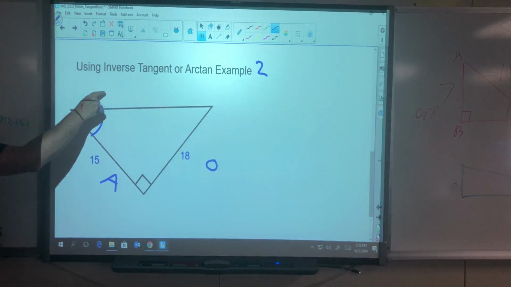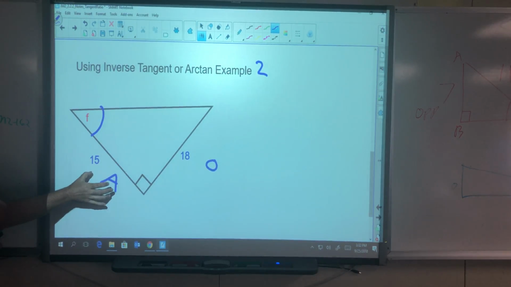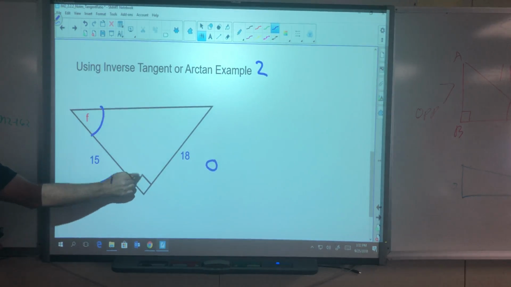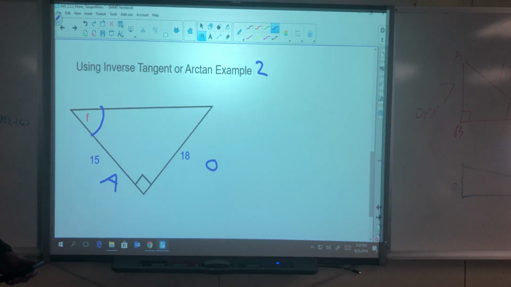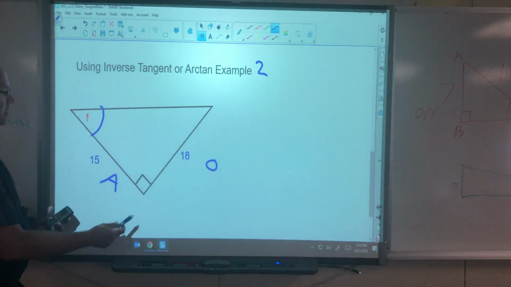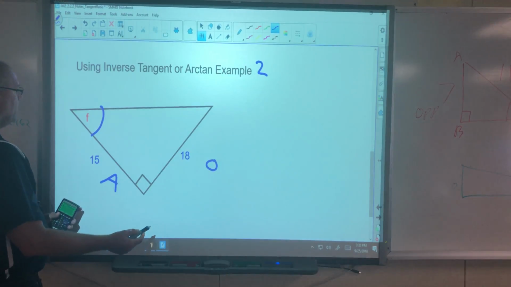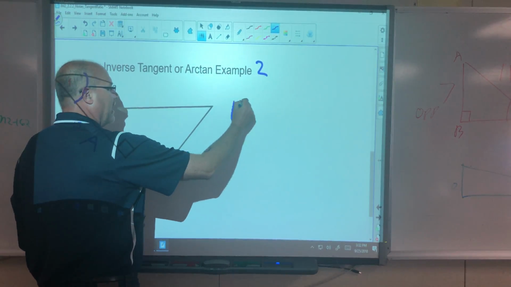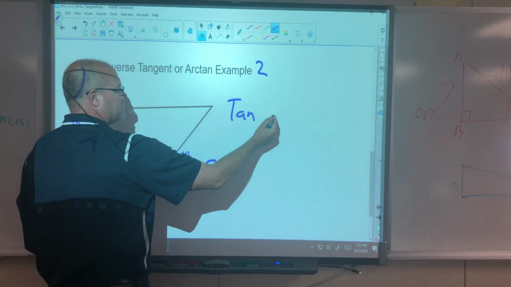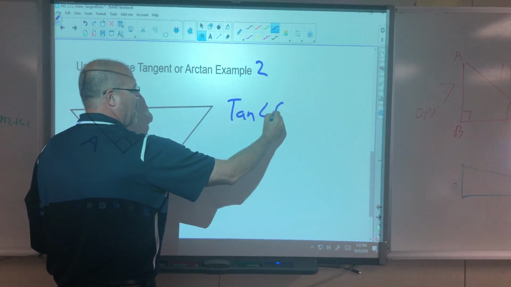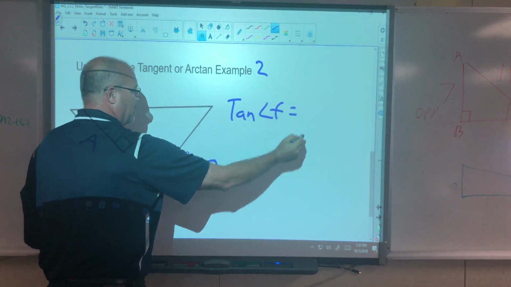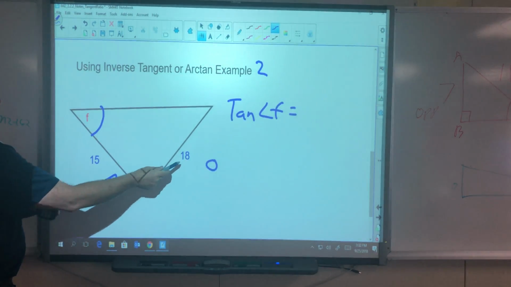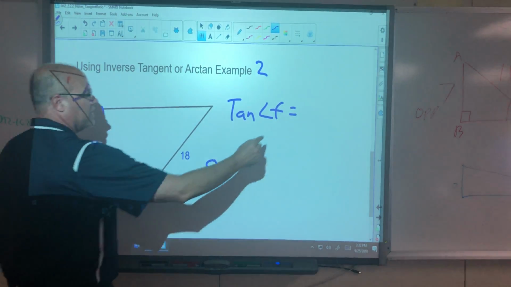I'm touching the hypotenuse and the adjacent. Here's the adjacent, right? Hypotenuse is across from the right angle. So SOHCAHTOA, we know we want to use the tangent ratio. So we're going to say the tangent of angle F, because we don't know what it is, equals this ratio, 18 over 15.